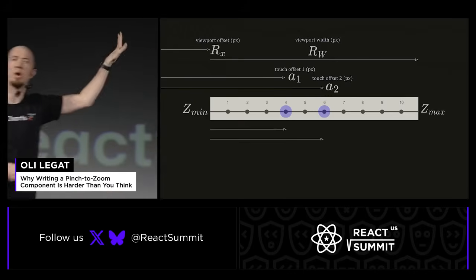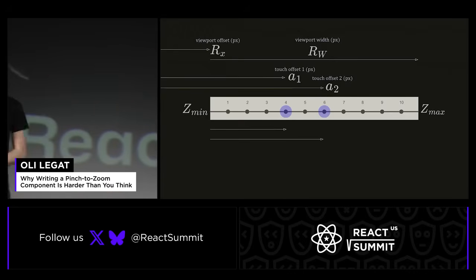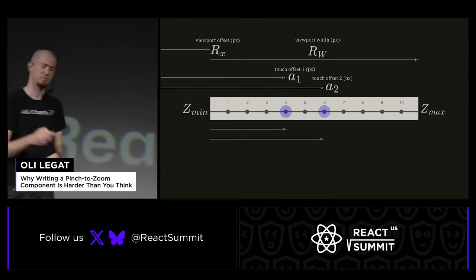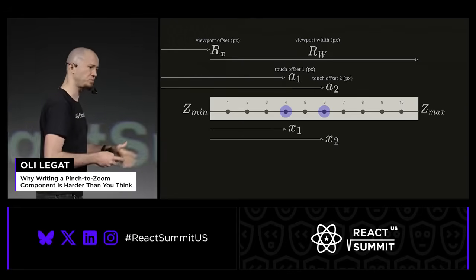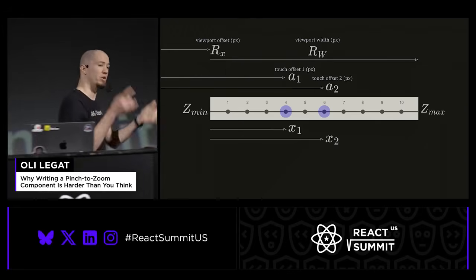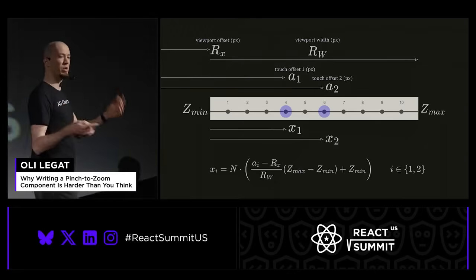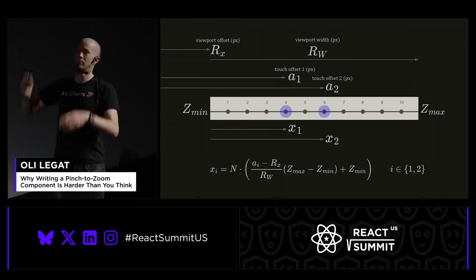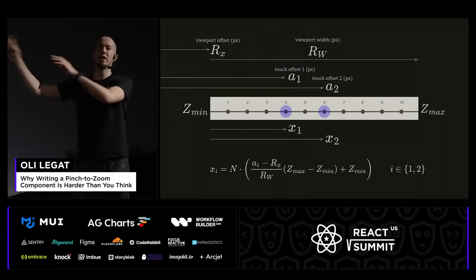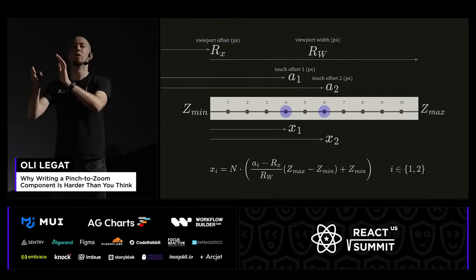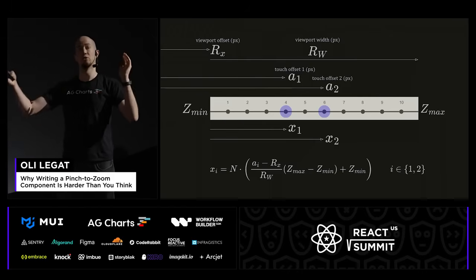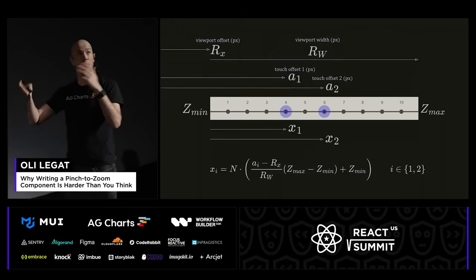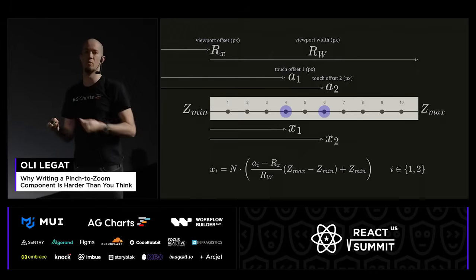So basically, what we want is some kind of normalized coordinates between 0 and 1. We'll call that x1 and x2. And basically, we can calculate that using some interpolation equation. We don't need to worry too much about the details of this equation, but basically, what's happening here is we're adjusting the pixel values and the zoom values such that we have a normalized coordinate between 0 and 1.